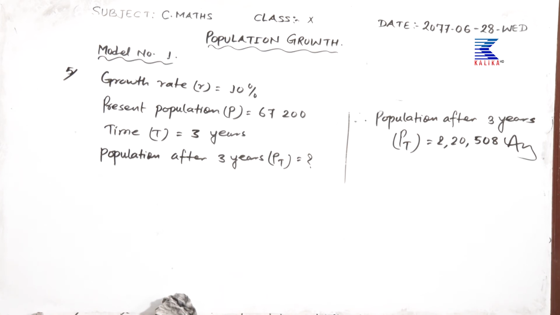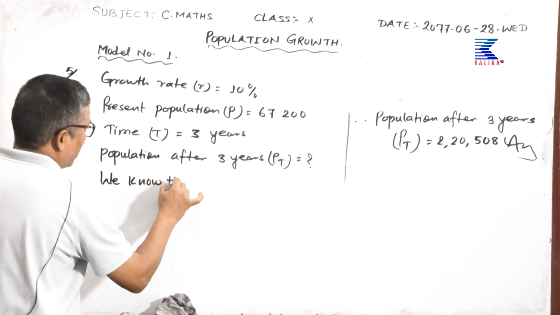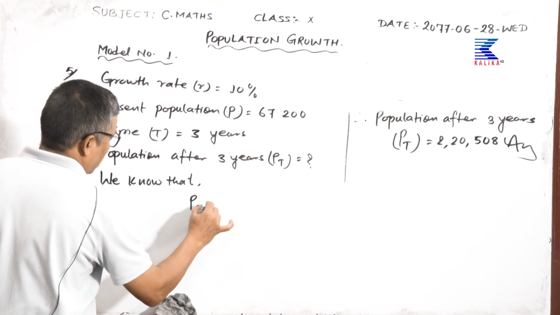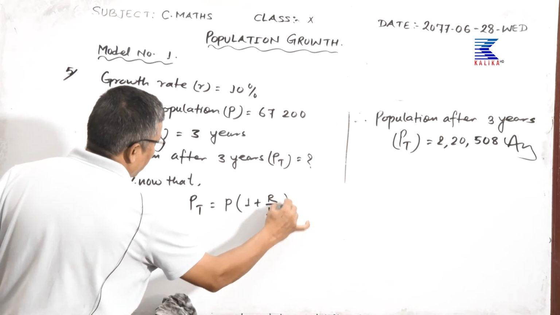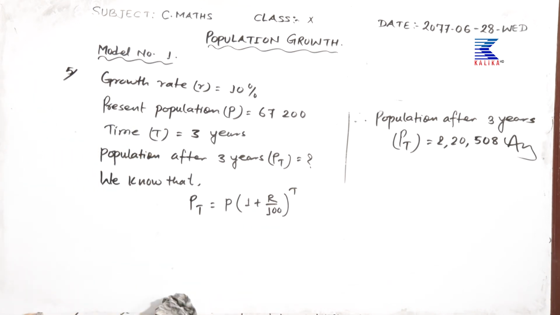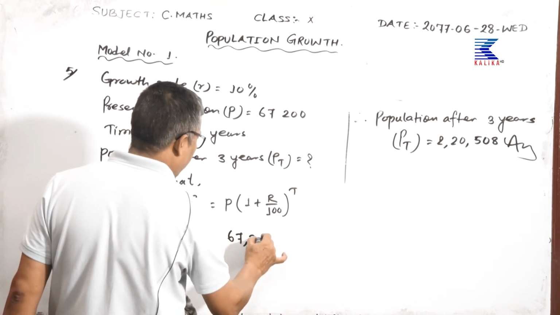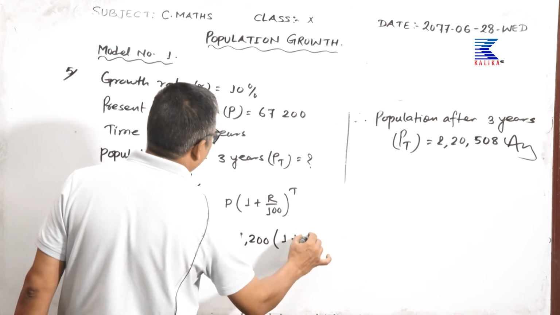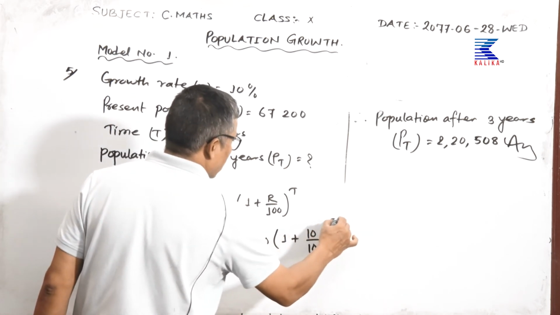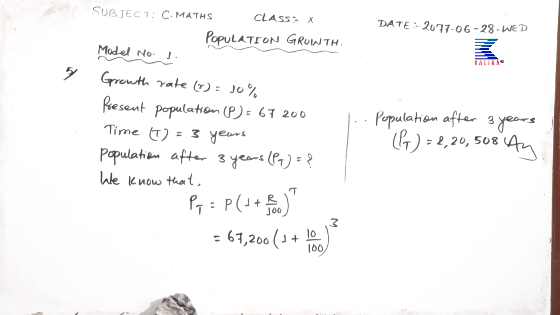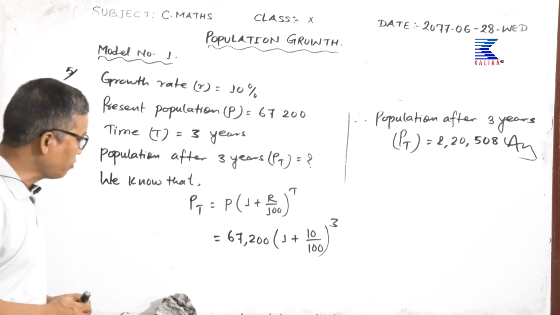Similar to question number 1, we know that Pt is equal to P (1 + R/100)^t, where the value of P is 67,200, 1 plus the value of R is 10% divided by 100, to the power the time, 3. Clear? Now, you can find it yourself by using a calculator, then write the conclusion at last.